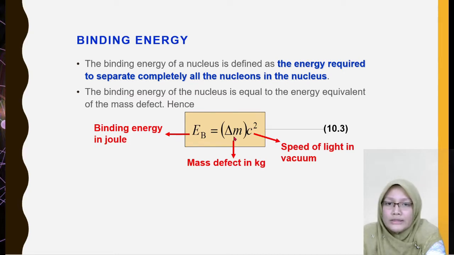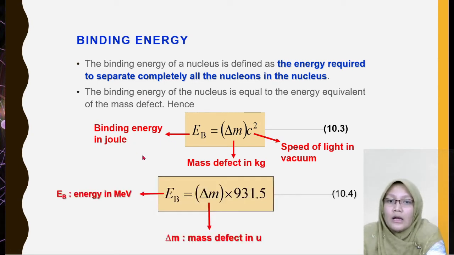If we use delta M in kilogram and c as the speed of light, we get the binding energy in joules. However, if we use delta M in atomic mass units, u, times 931.5, we get the binding energy in mega electron volts.